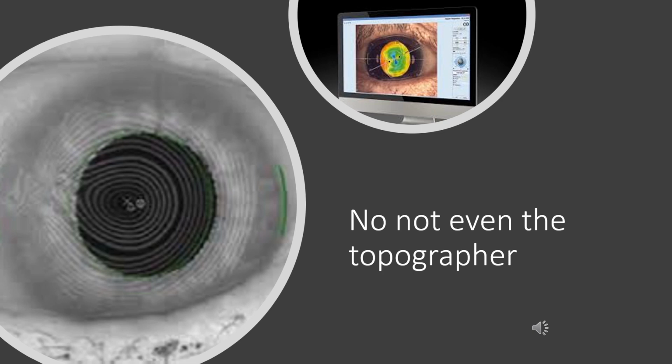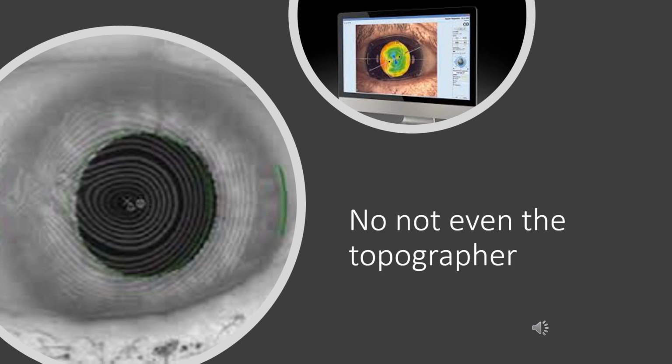Now, because of the camera, it will not be able to measure the central 1 millimeter of the cornea. And the data that is given in terms of the Placido disc is basically an extrapolation from the central 1 millimeter. It does not directly measure it, but it gives you an average value.